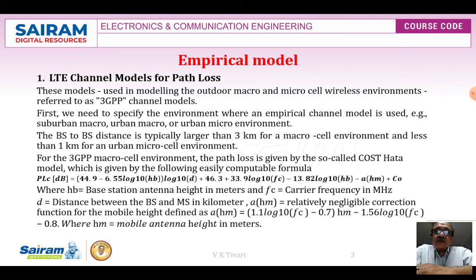HB is the base station antenna height in meters, FC is the carrier frequency in megahertz, and D is the distance between the transmitting and receiving antennas in kilometers.